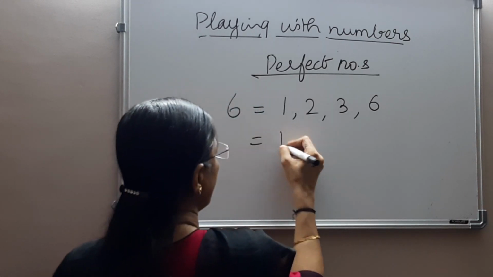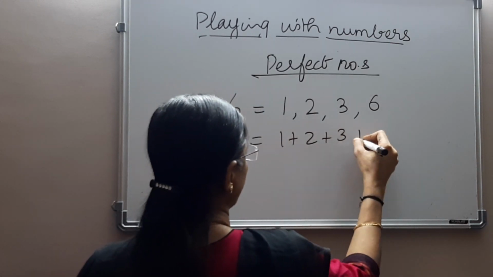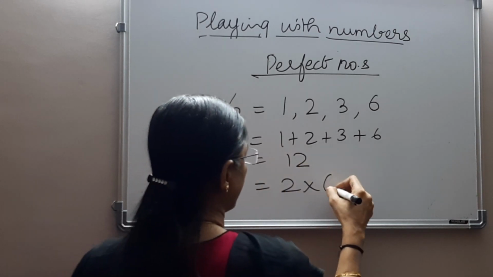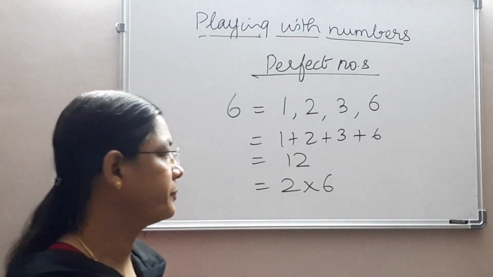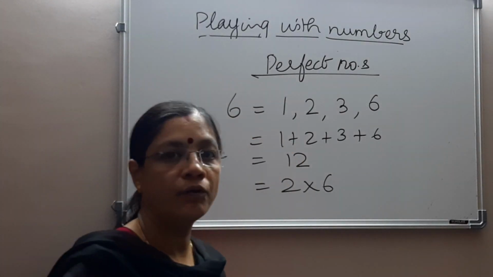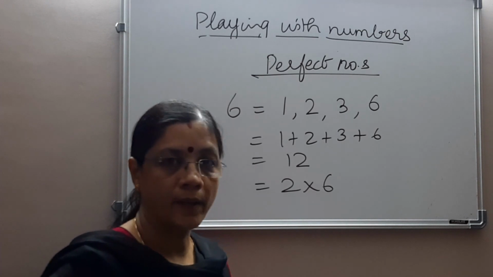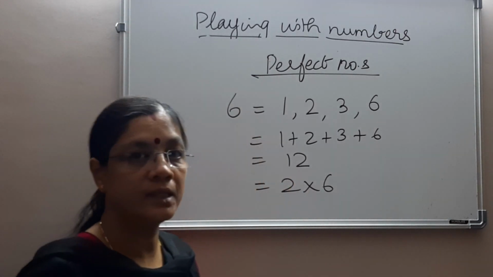Now if I add all these factors of 6, I get 12. That is exactly double of the number, 2 into 6 will give you 12. So that is just twice the number.